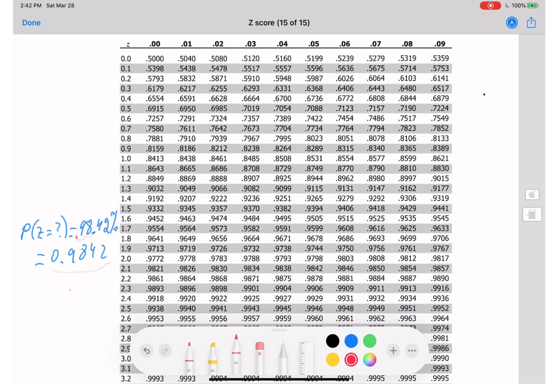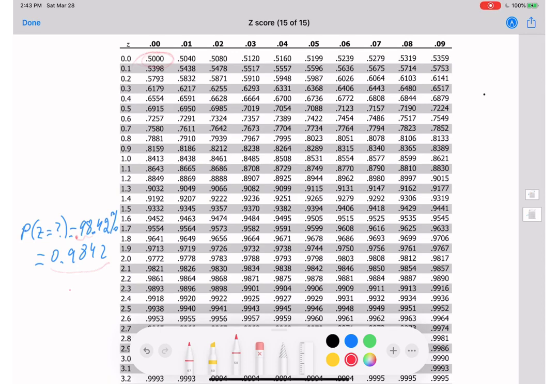Now, to look into a table and find where is 0.9842, because 0.9842 is close to 1, therefore I will look close to the end, right? Not close to the beginning, because at the beginning I have at the 50%. See here? 50%. So, but now for 98%, I'm going to look close to the end.